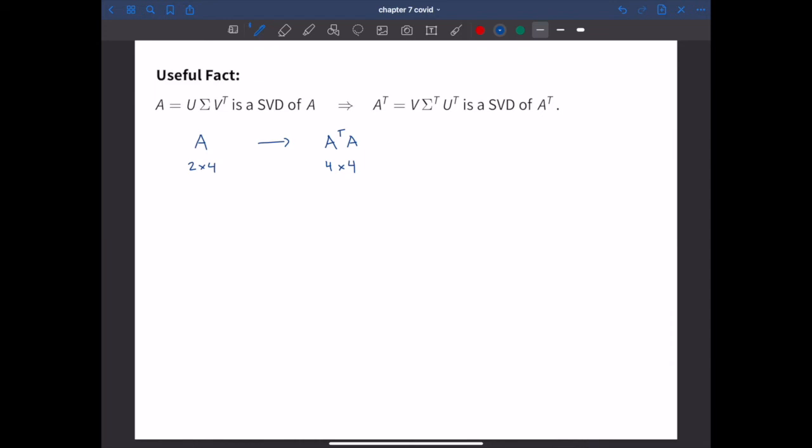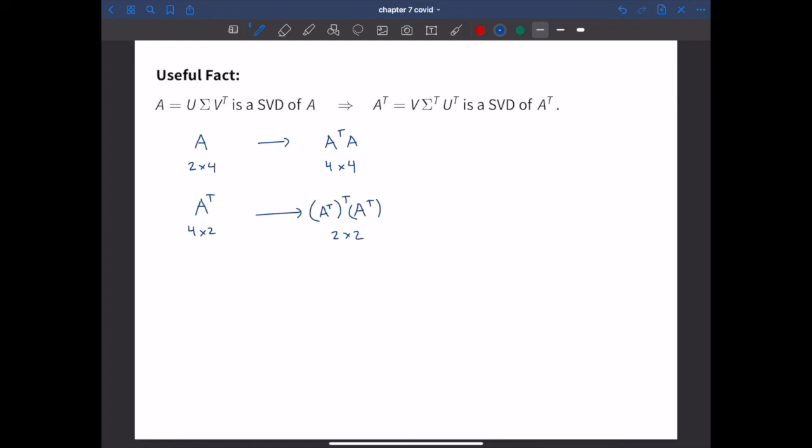But if you instead look at A transpose, that's going to be a 4x2 matrix. And now, when you're looking at a singular value decomposition of this, all you'll need is to find the eigenvalues and eigenvectors of a 2x2 matrix, which is going to make that initial step quite a bit easier.